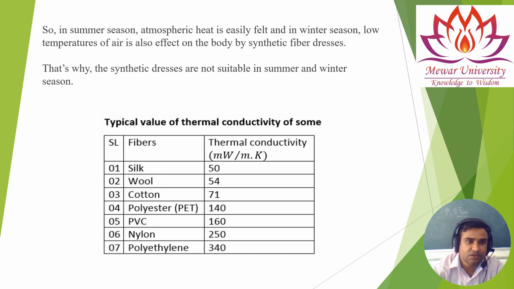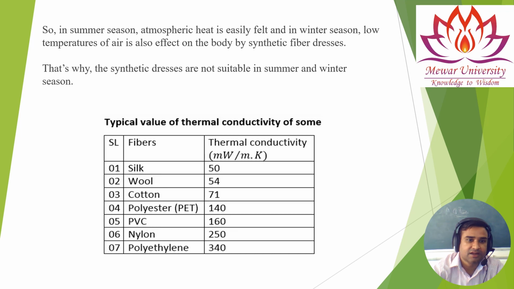You can see the values of thermal conductivity of different fibers. Silk has 50 milliwatt per meter Kelvin, wool 54, cotton 71, polyester 140.